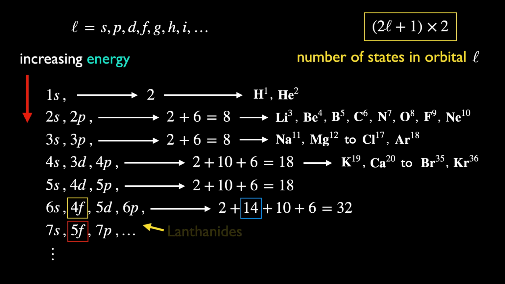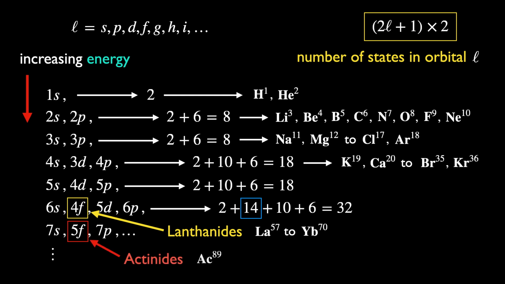These are the Lanthanides, which run from lanthanum-57 to actinium-70, a series of 14 elements, and the Actinides, that run from actinium-89 to nobelium-102, also 14 elements. The 14 elements within each series have very similar chemical properties, because their outermost electrons are on the same s orbitals.